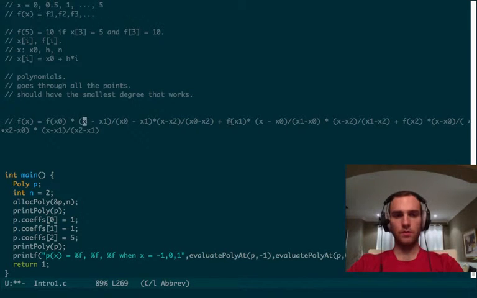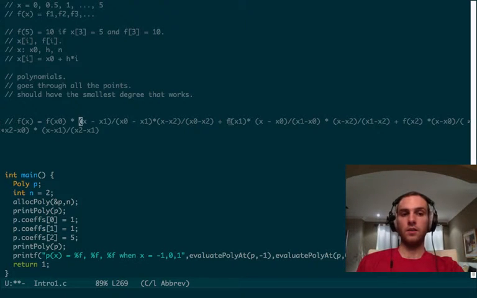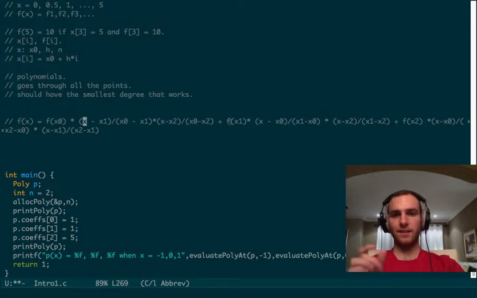It's always going to be the smallest degree, because even if you get more points, in order for this term to equal 0 whenever you hit any of the other points, you need one factor for each other point, right? Each factor contains x.